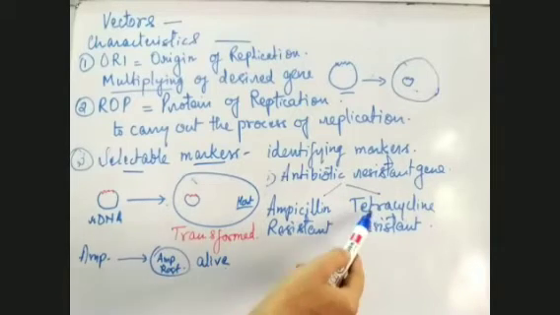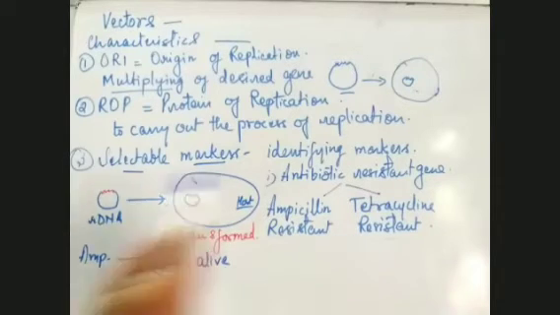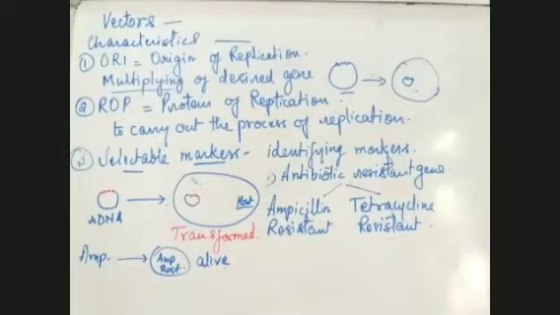If it has the tetracycline resistant marker and is treated with tetracycline, it will not die because it has the tetracycline resistant gene. So this is one type of marker, known as the antibiotic resistant marker.